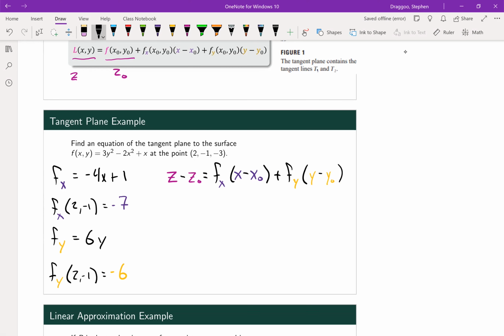So there are all of our pieces, so we just need to plug some things in. So what does this thing look like?